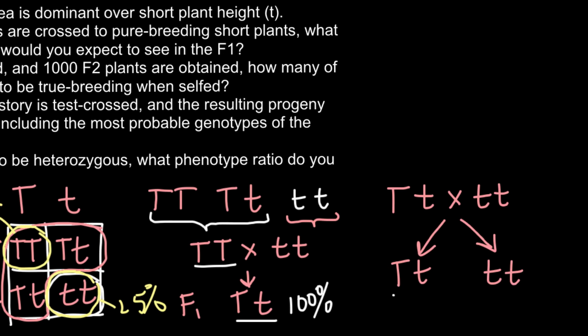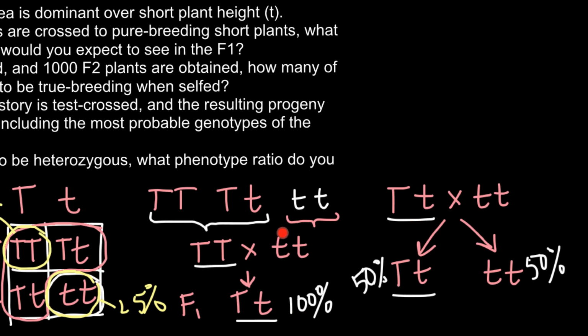So 50% are going to be tall and 50% are going to be short. Our test cross would show us that this tall plant of unknown genotype is actually heterozygous, because we see segregation of the trait in the next F1 generation.